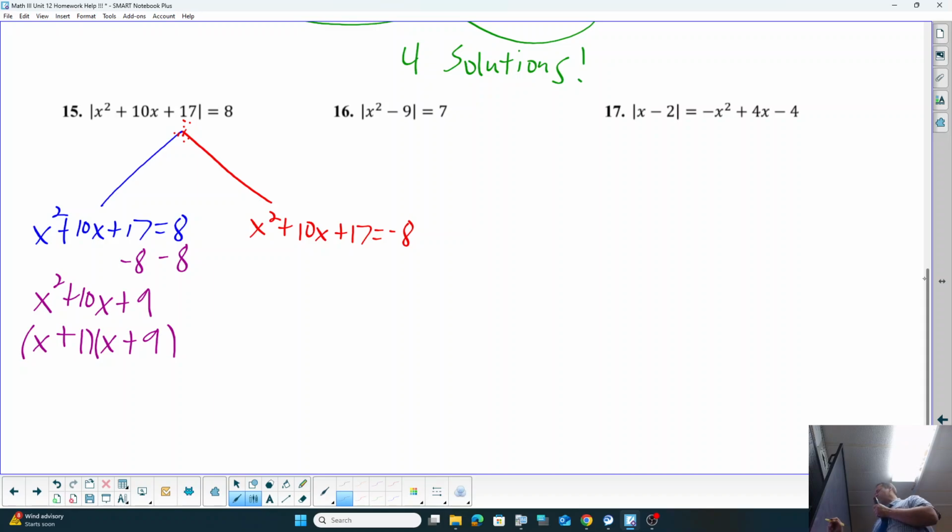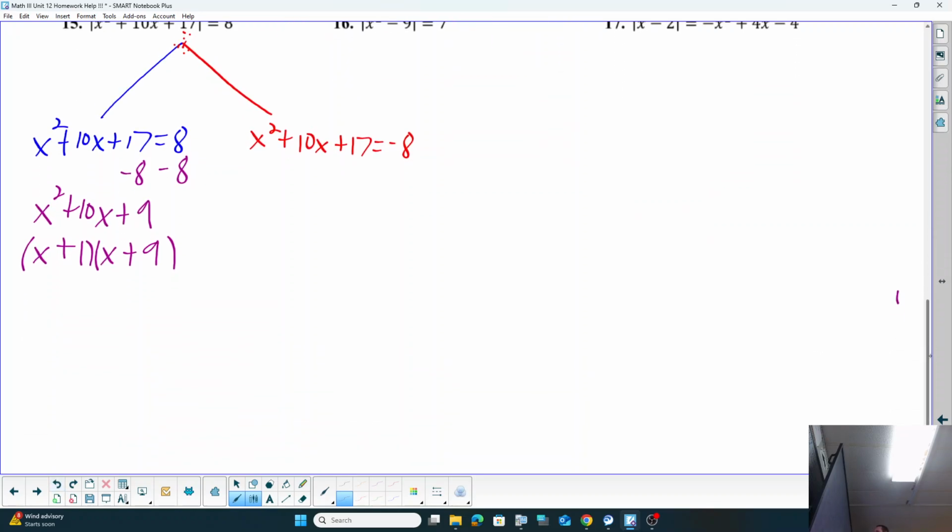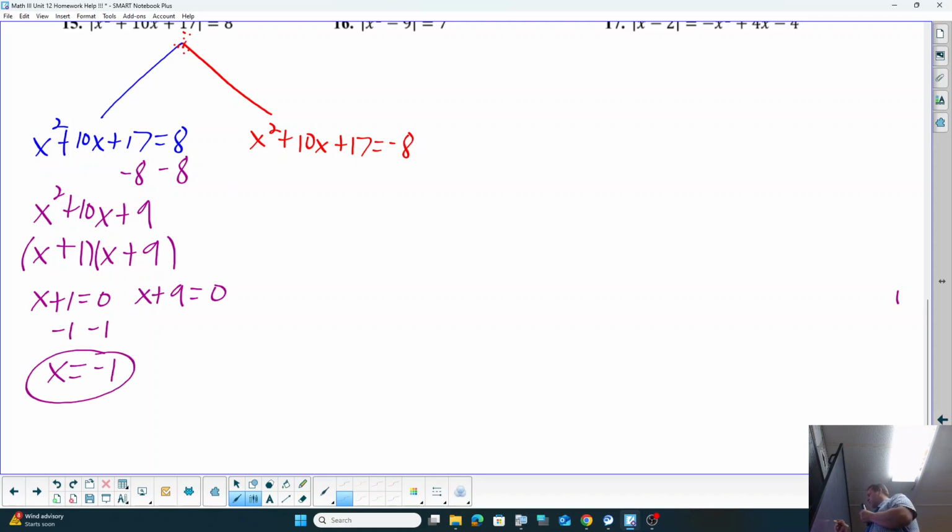So we get 2 solutions. We have to set those equal to 0, right? And so we're going to get some negative solutions there. We get x equals negative 1. I'm just going to minus 9 to this side. We get x equals negative 9. So those are 2 solutions there.